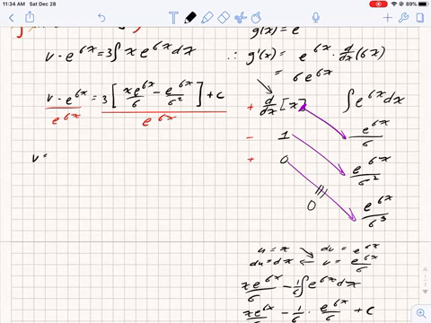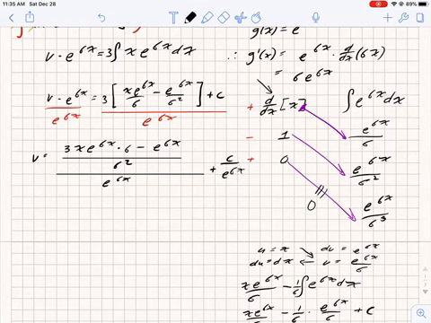We're left with v is equal to, let's see, 3x e to the 6x, and then we're gonna multiply that by 6 minus e to the 6x, and now we could put this whole thing under 6 squared, and that's over e to the 6x plus c over e to the 6x.